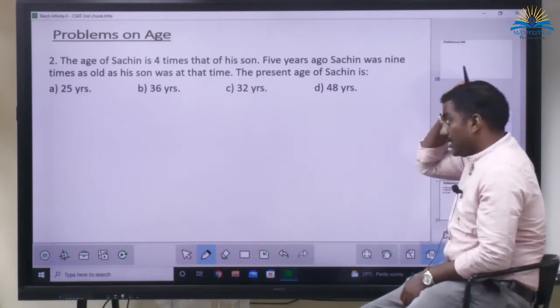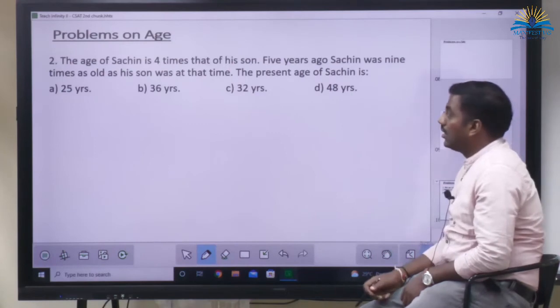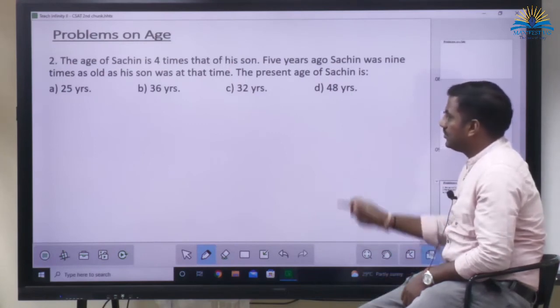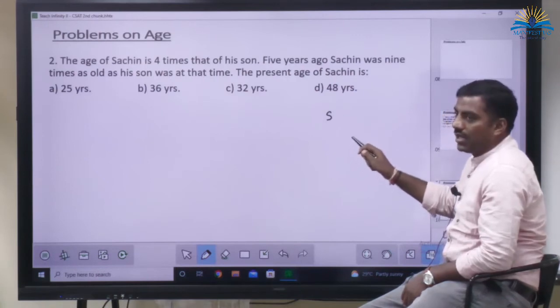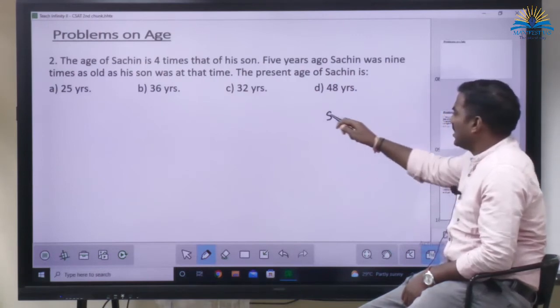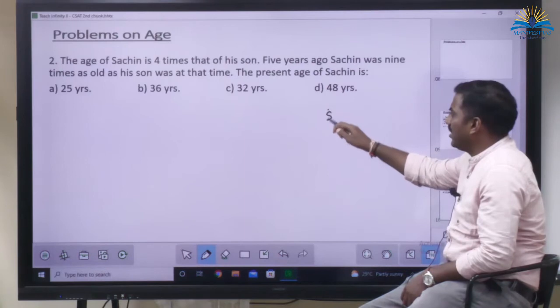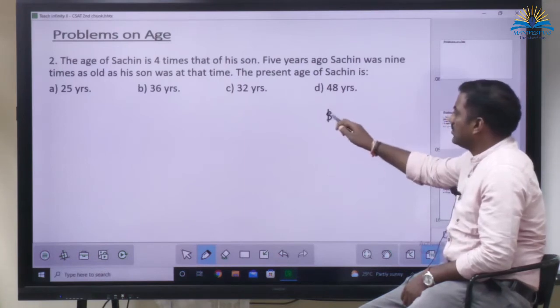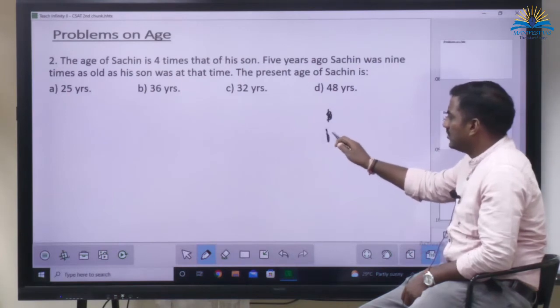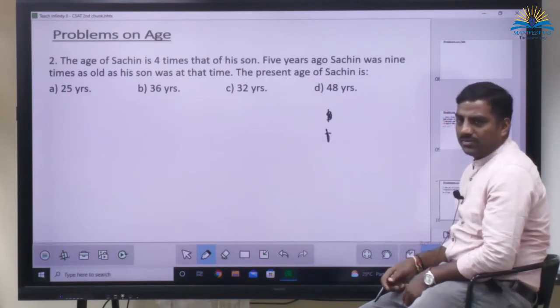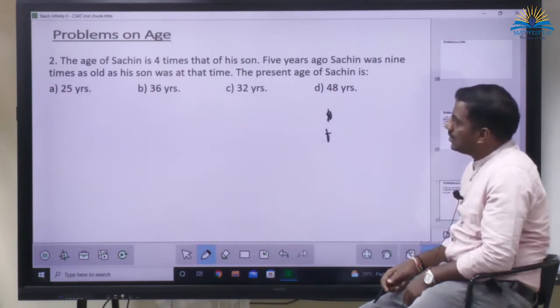So let's take Sachin's age here and the son's age. SS will be difficult, so I'll take Sachin as father.